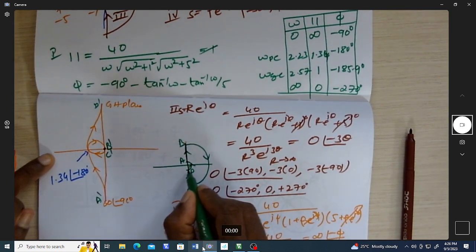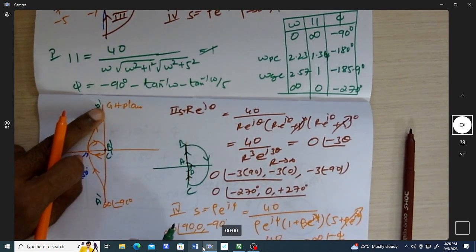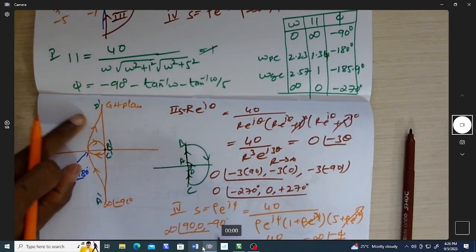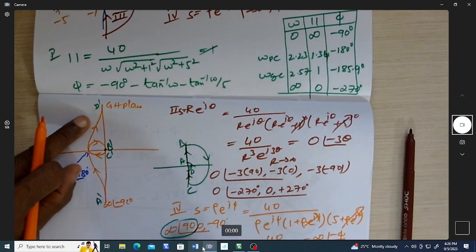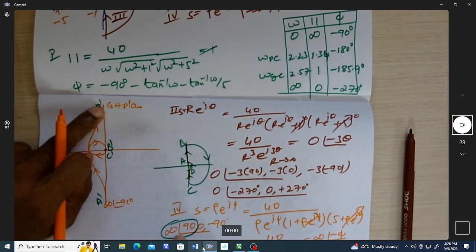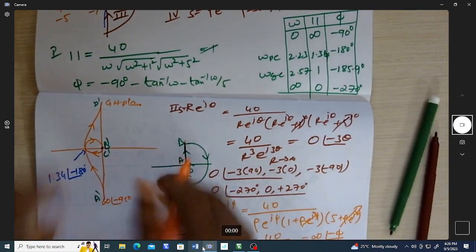It is infinite at an angle 270 degree, of course minus 270 degree. Can you see it is the same point? So the ending of the third segment is the beginning of the fourth segment, and it goes like this.